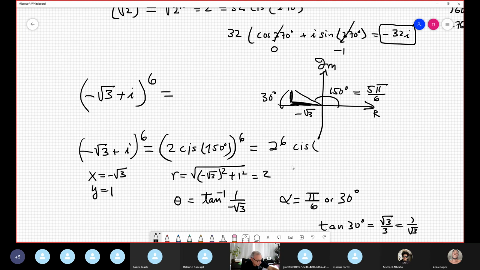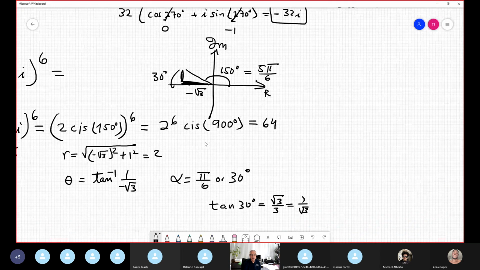And 150 times 6, I put in my calculator, is 900 degrees. And 2 to the 6th power is 64, no? 2 times 2 times 2 times 2 times 2 times 2, 6 times.